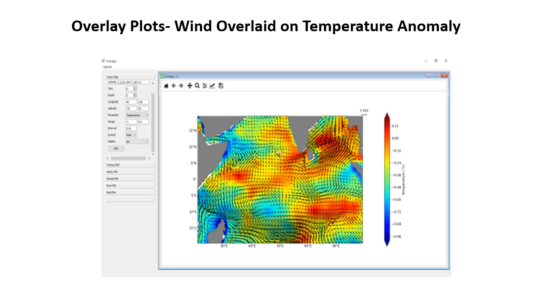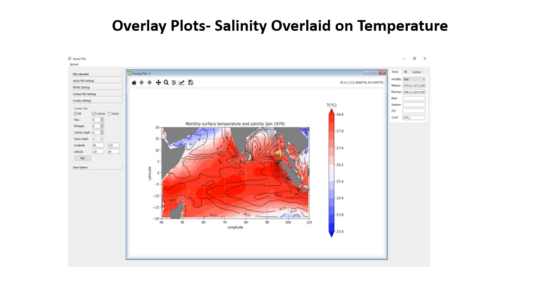An example over here shows the wind overlaid on temperature anomaly. The temperature anomaly is depicted as a color map and the wind data is given as the vector plot. Yet another example of an overlay plot wherein salinity is overlaid on temperature.